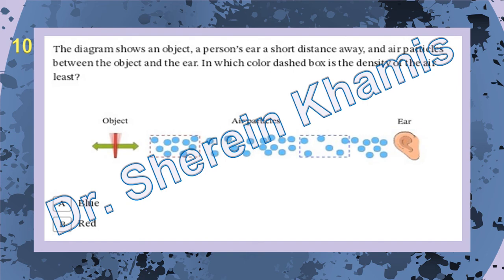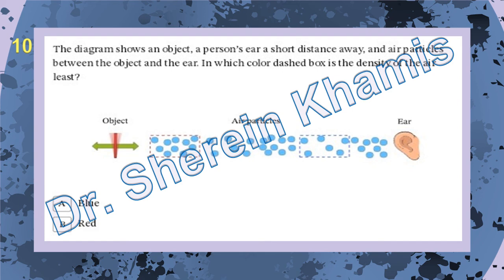Question 10 says that in this diagram we have the person's ear, the object, and blue and red boxes from object to ear. We want to know in which colored dashed box the density of the air is least. Least means minimum, a decrease in amount.